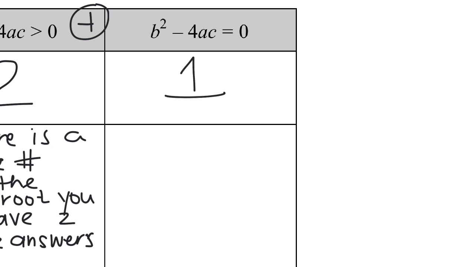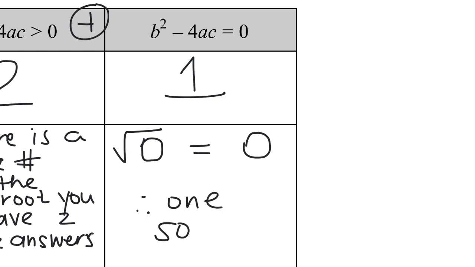There is only 1 place where your parabola will touch the x-axis. The reason is, if your discriminant works out to be 0 and you take the square root of 0, the square root of 0 is just 0. There is only 1 possible number that you can get. So therefore, there is only 1 solution.